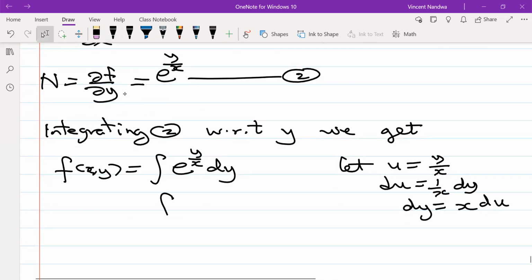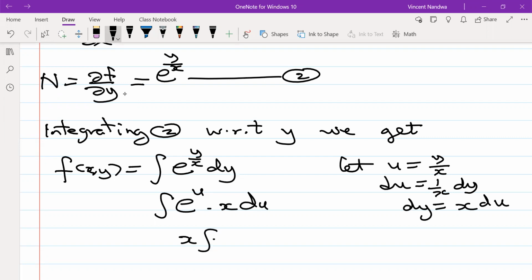So it will be the integral of e raised to power u times x du. And x is not the variable of integration, it's just like a constant. So x times the integral of e power u du, which is x e power u, which is the same as x e power y over x.